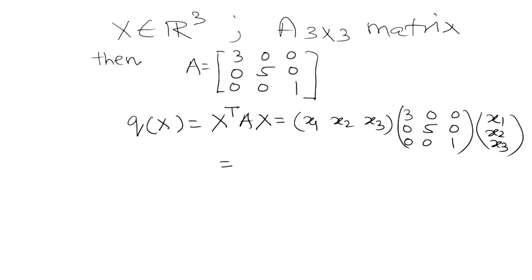This comes out to be 3 x1 square plus 5 x2 square plus x3 square. So, this particular quadratic form is a diagonal quadratic form.